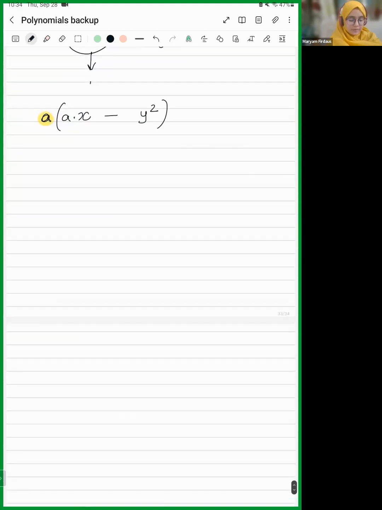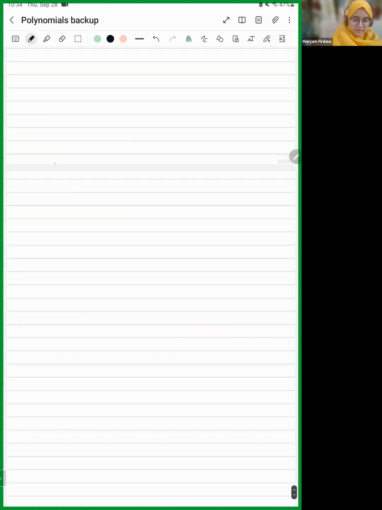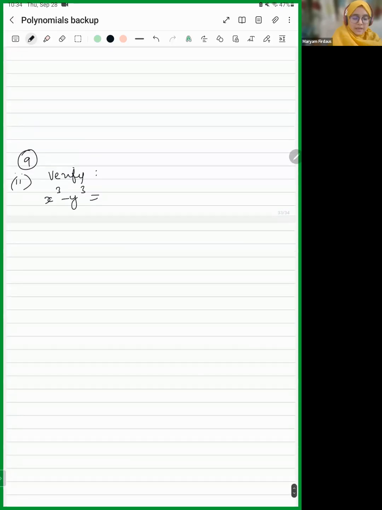Now you people will tell me how to do the second part of this question, which says verify. This is question number 9, part 2. By the way, these are identities that you have to remember. x cube plus y cube is equal to x plus y into x square minus xy plus y square.